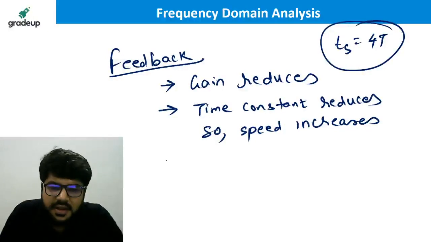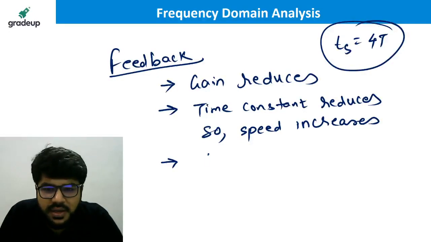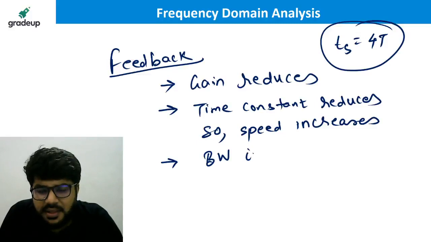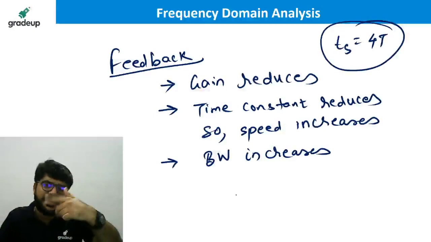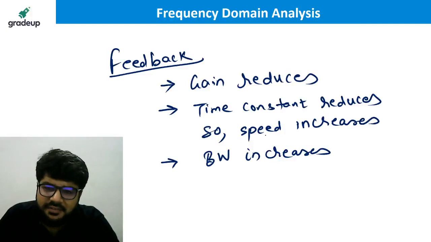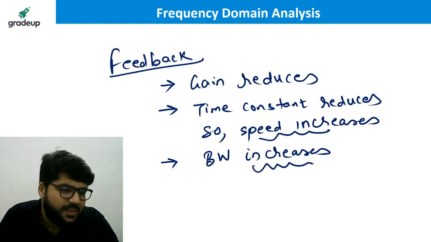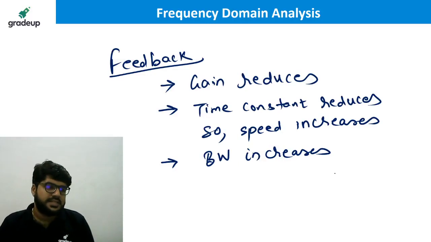So the first two parameters I have also explained in the time response. The next one, what about the bandwidth? The bandwidth also increases. And already I have told you, higher bandwidth, higher speed. If the speed increases, the bandwidth will increase. So that is again observed here. So the first two points we have seen.